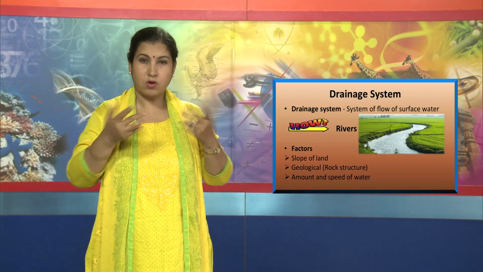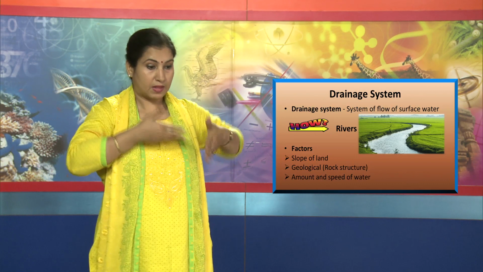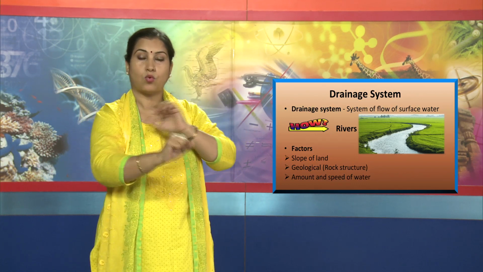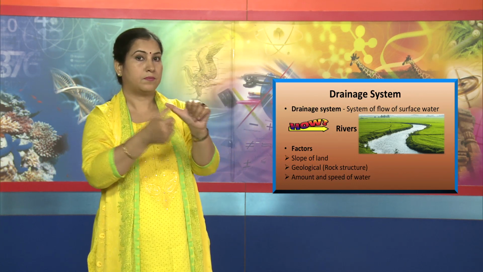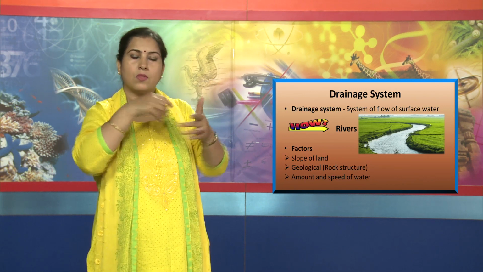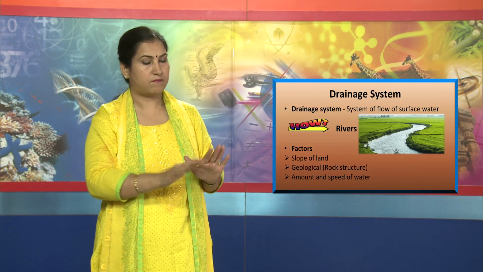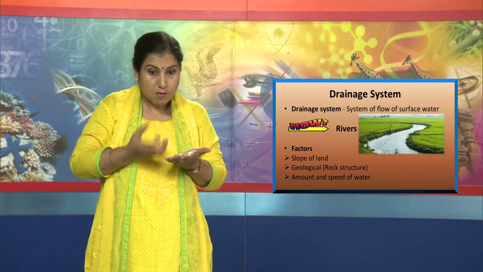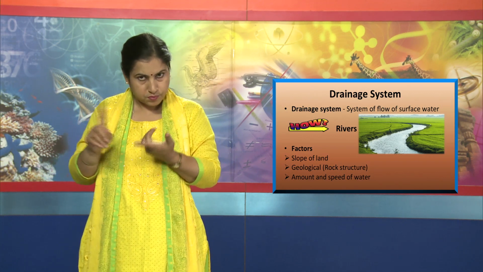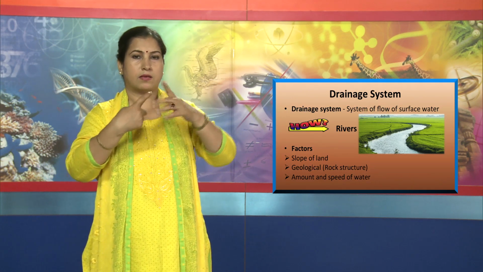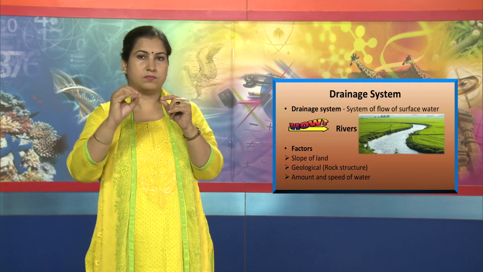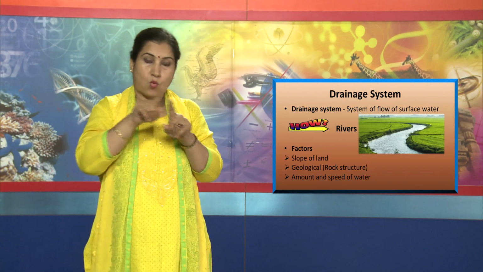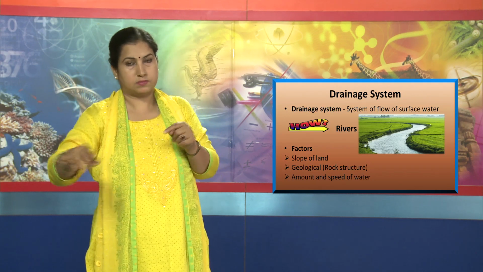A river, through its drainage system, performs several tasks. These are excess water removal from a particular area, transportation of sediments from one place to another, and providing a natural source for irrigation.